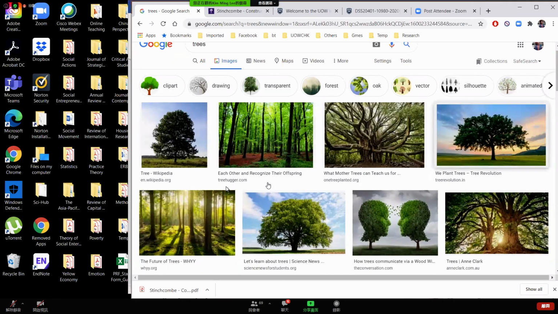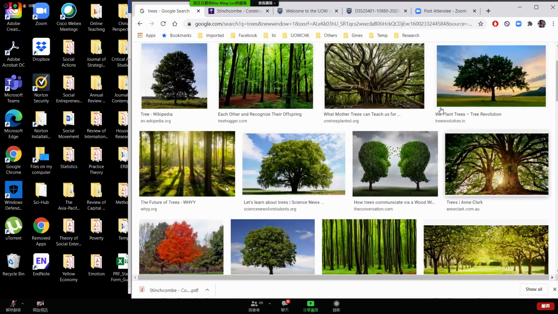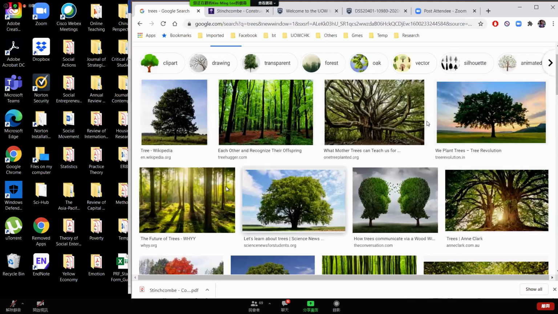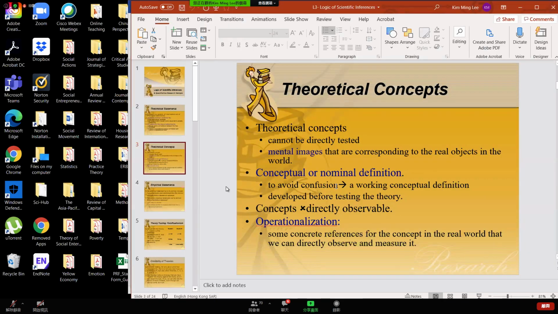There may be minor differences or even big differences between real trees, but somehow our concept of a tree makes us recognize all of them as trees. So that is the concept. A concept is something abstract.